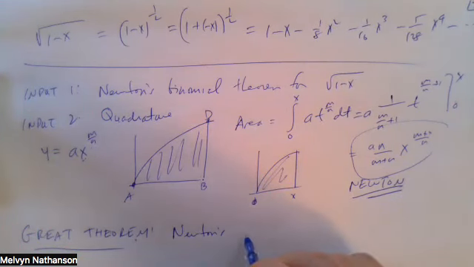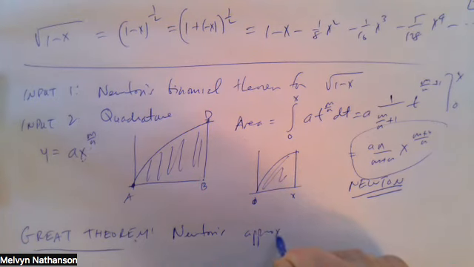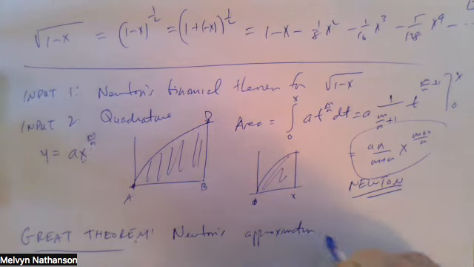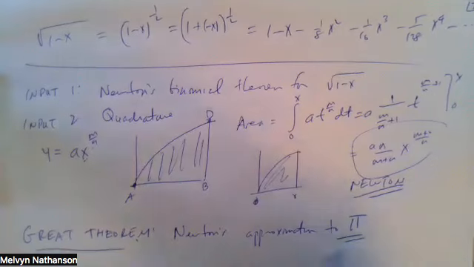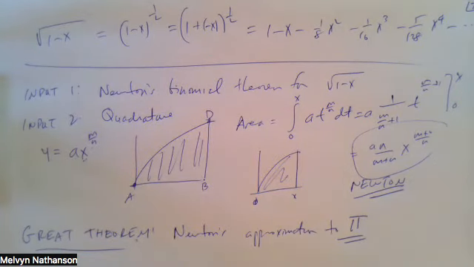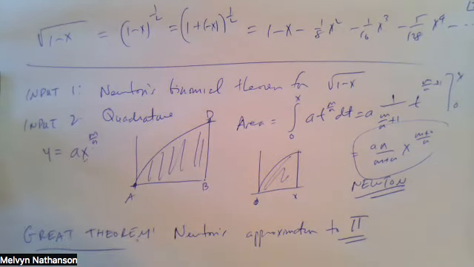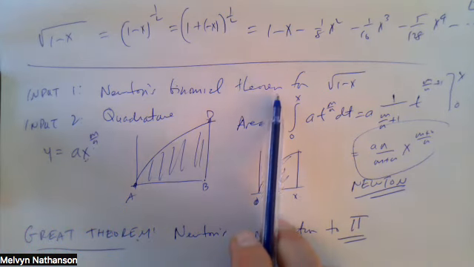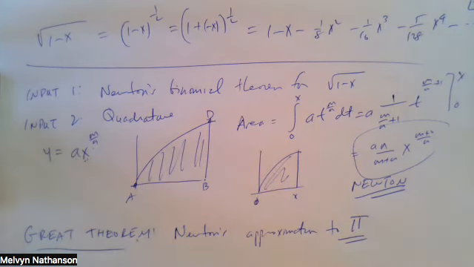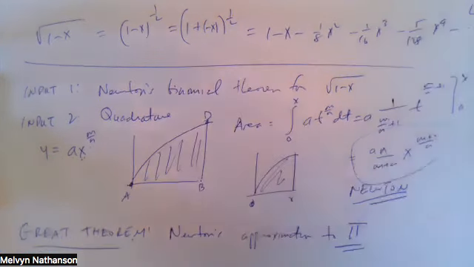So Newton's approximation to the number pi, right? In this, we use the binomial theorem and we use this integration. So this is the great theorem in this chapter.